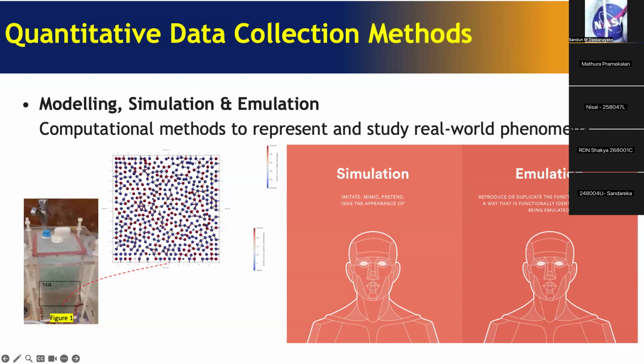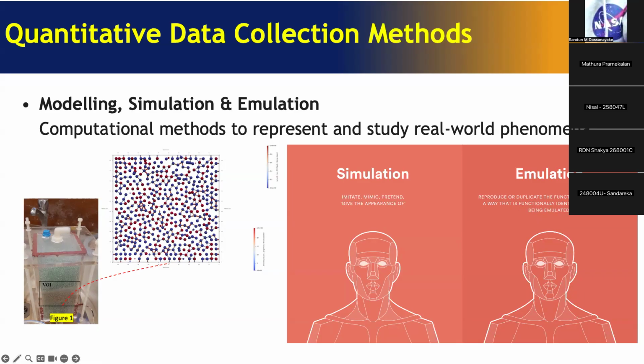We can create this in virtual environments. We can entirely create this digitally. That is what emulation means. We reproduce or duplicate the functions of a system in a way that is functionally identical to the thing being emulated. This is very important.